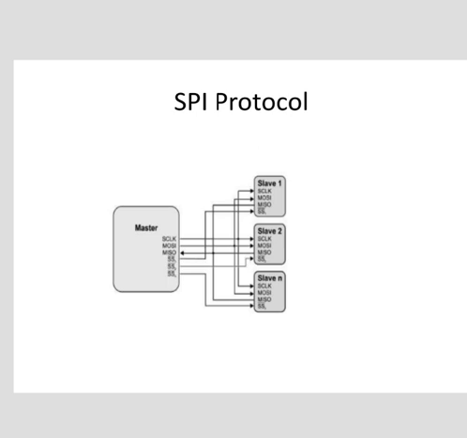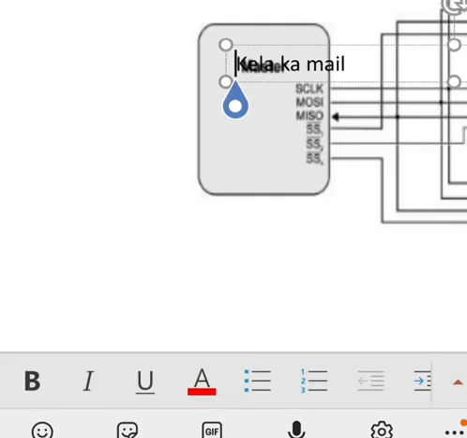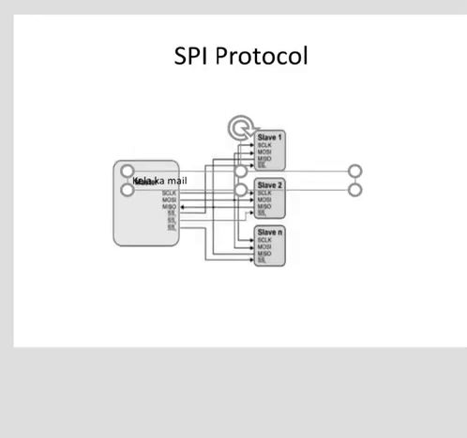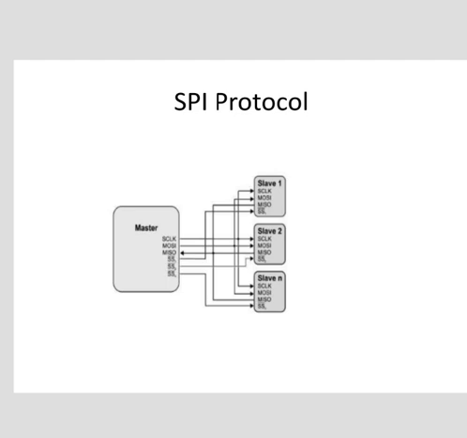The SPI bus specifies 4 logic signals: the SCLK, that is serial clock, MOSI, that is master out slave in, MISO, that is master in slave out, and SS, that is slave select.